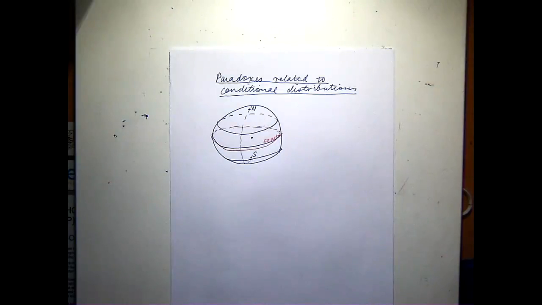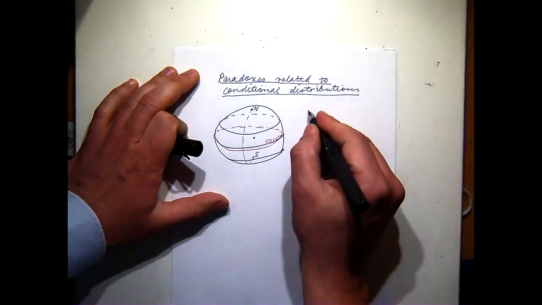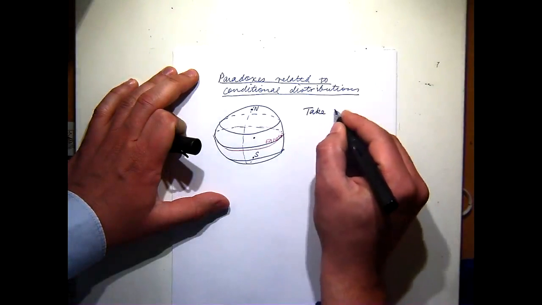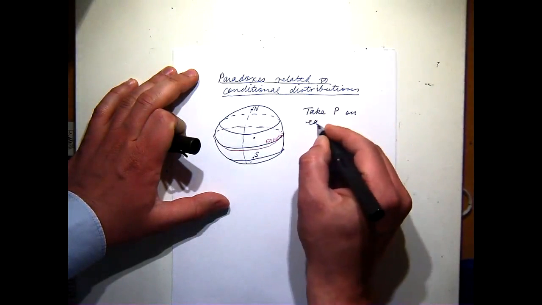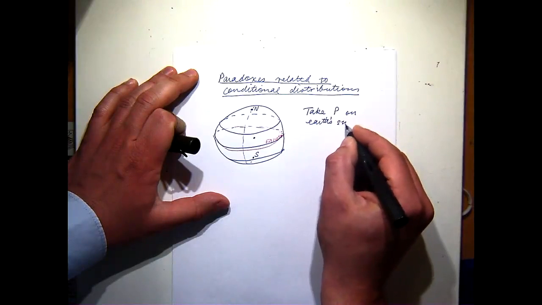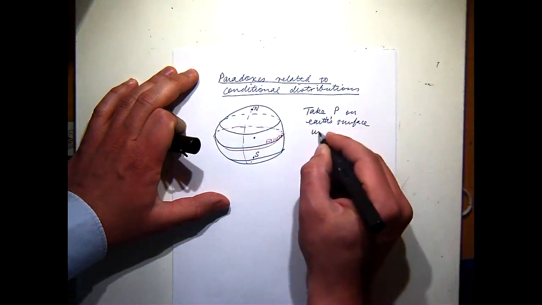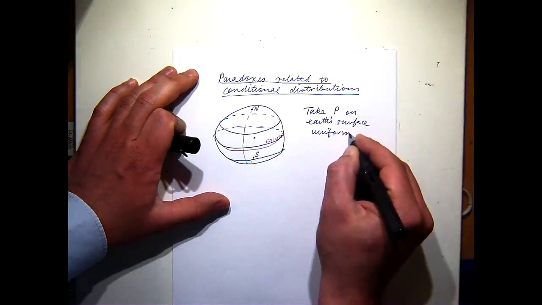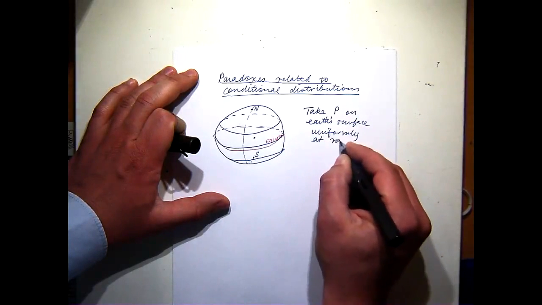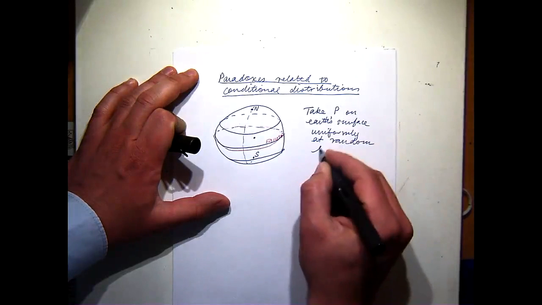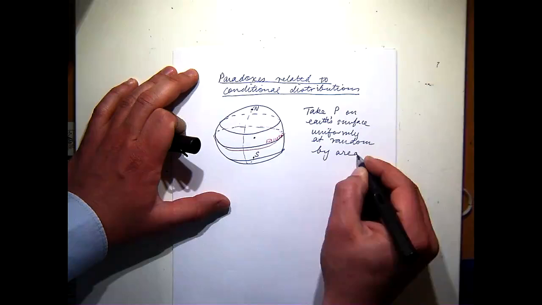So, take P on the Earth's surface uniform according to area at random. So uniformly at random by area. Okay.